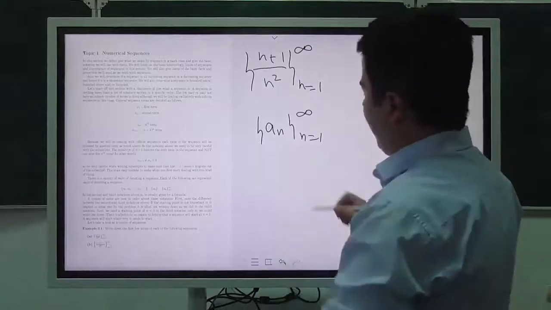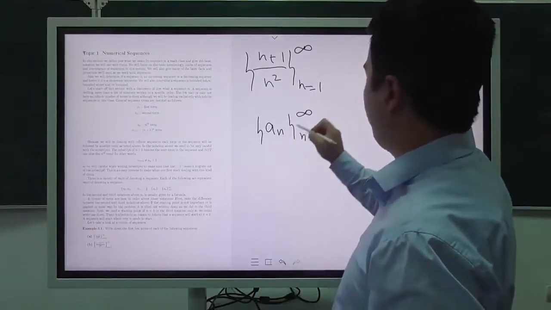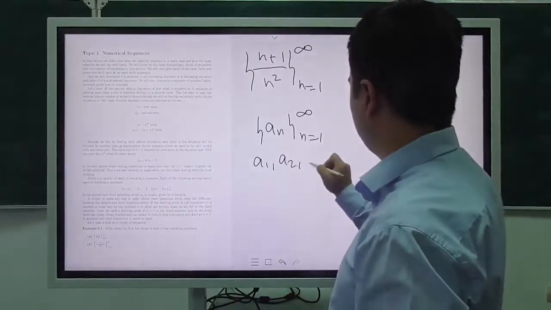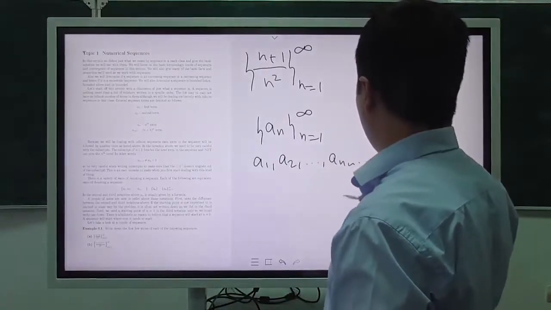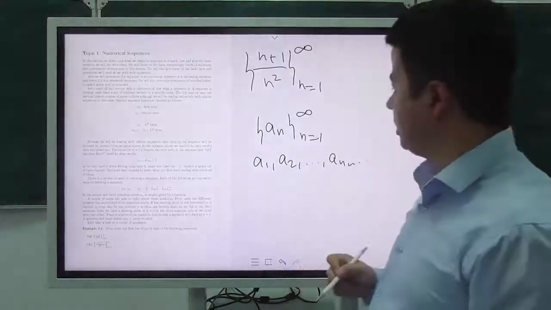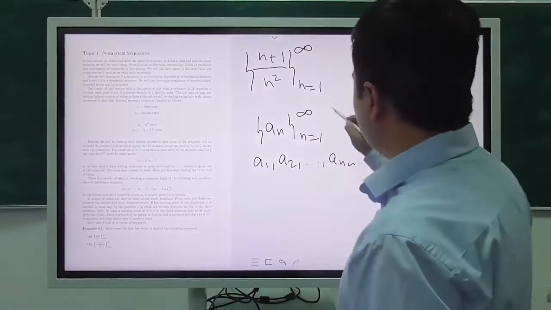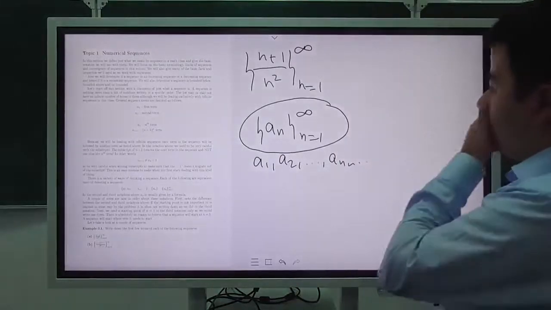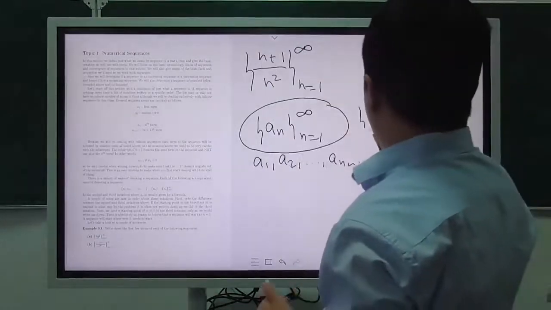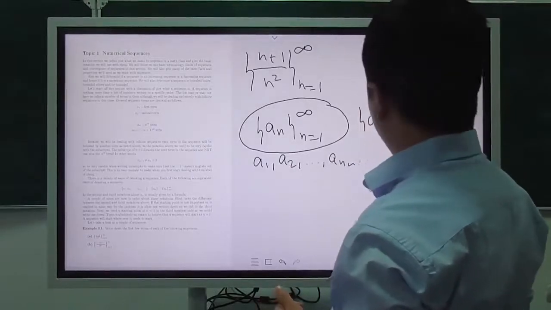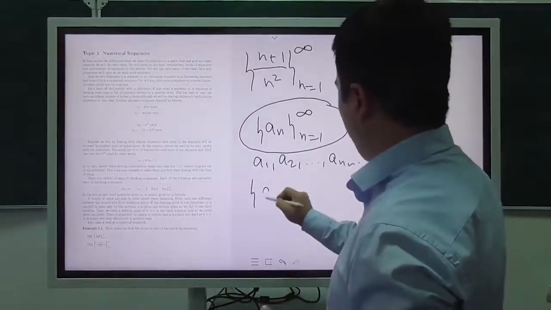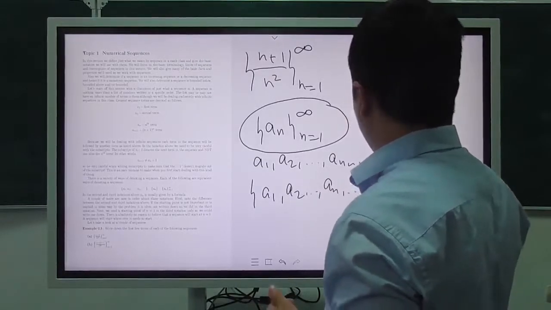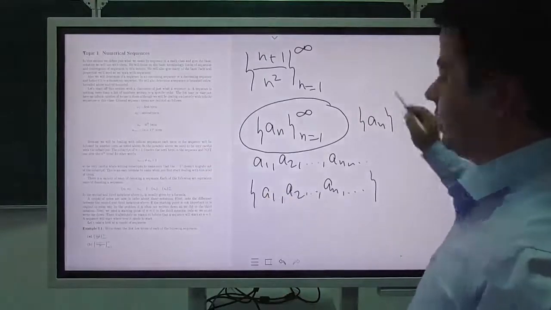So it means we have a1, a2, a3, etc., an, until infinity. So this is the general form of a sequence. Or we can write just an. Similarly, we can write a1, a2, an. This is the given form of a sequence.